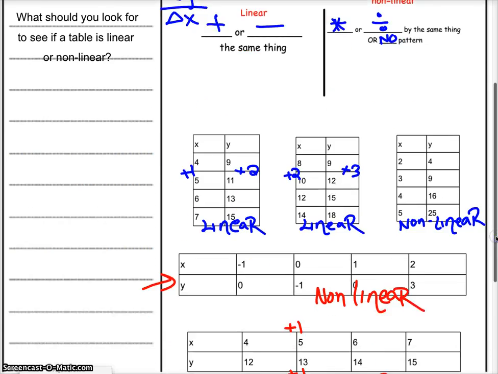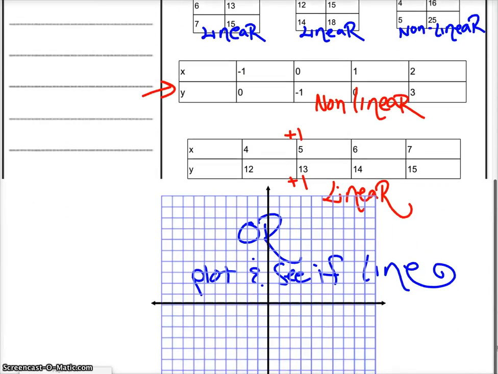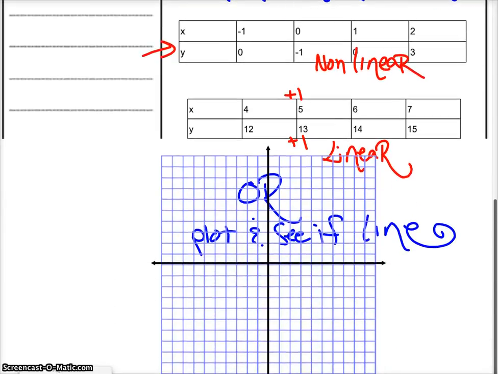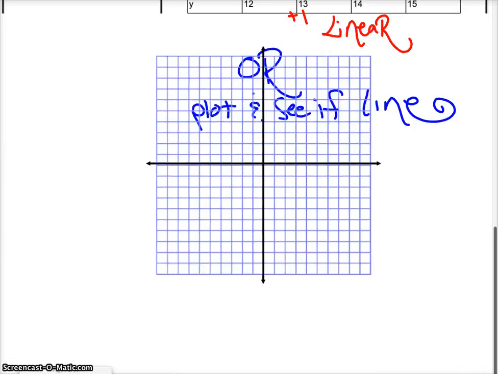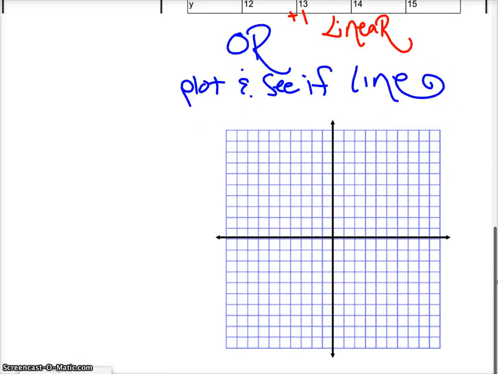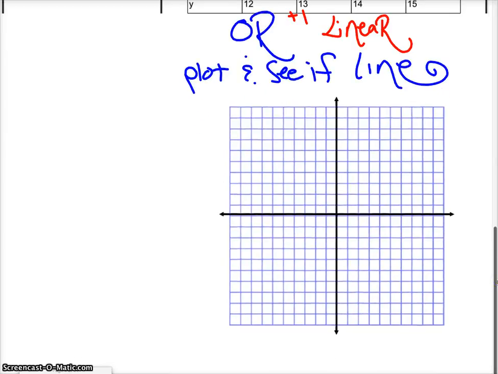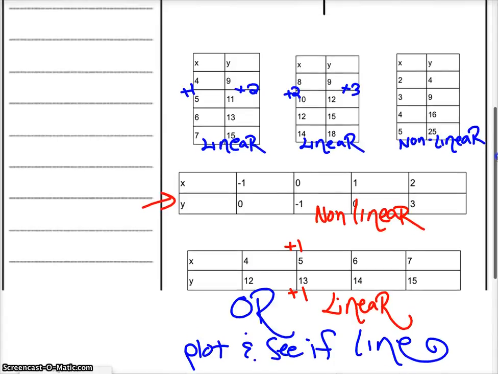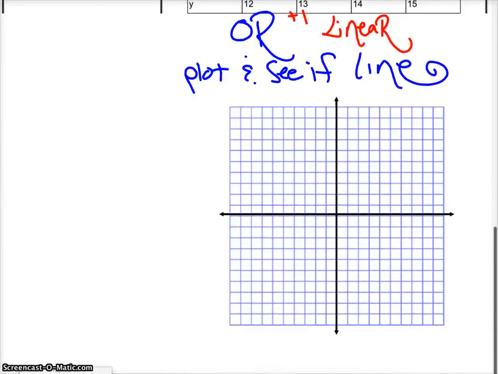Now I expect you to apply both of these today. Because some are going to look like a straight line because you have to scale it weird. So you have to use the strategy that we went through on our notes. All right.